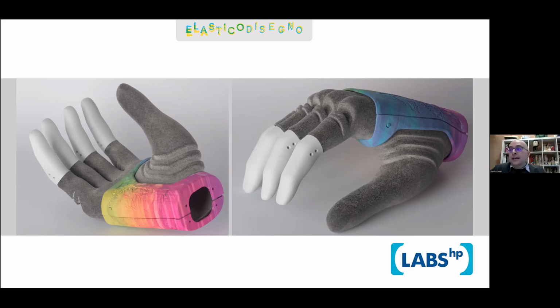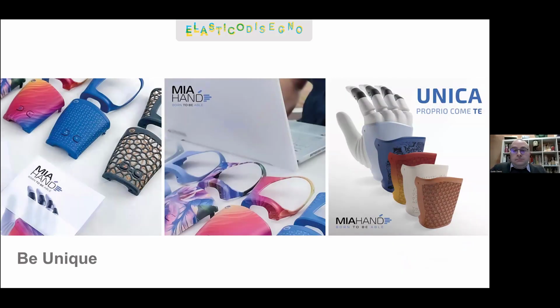And so we achieved color, and not just color, but pretty much an infinite range of colors, even white. And so today Prensilia has an online configurator where the customers can customize their hands.